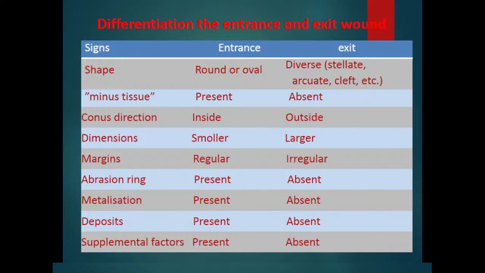Ring of abrasion, ring of metallization, and different deposits of additional and supplemental factors are seen around the entrance wound, but absent around the exit wound. That would be correct.